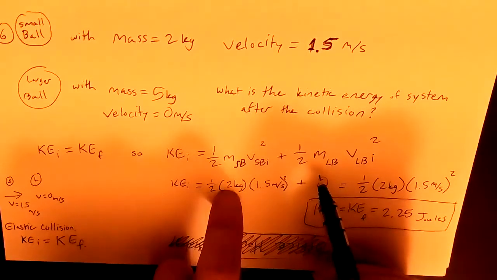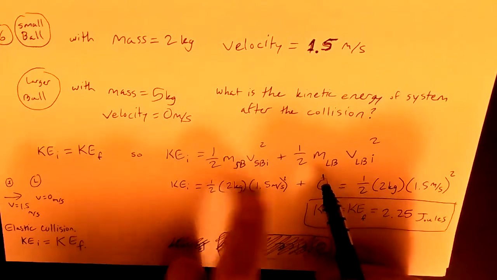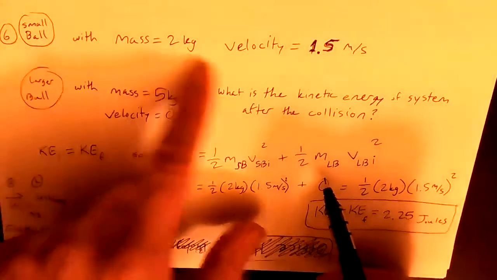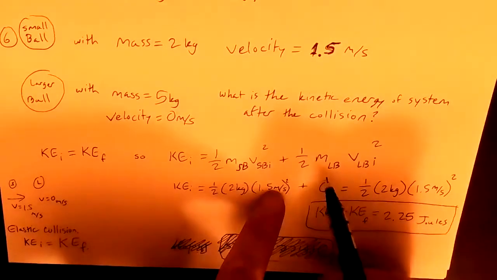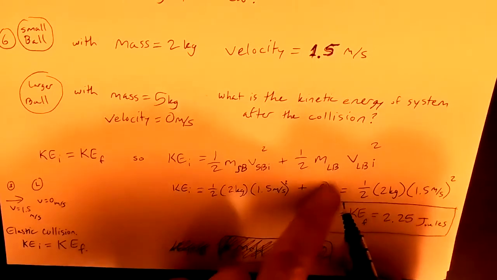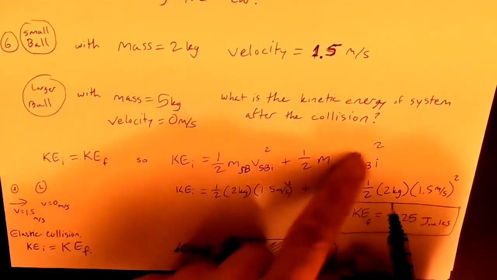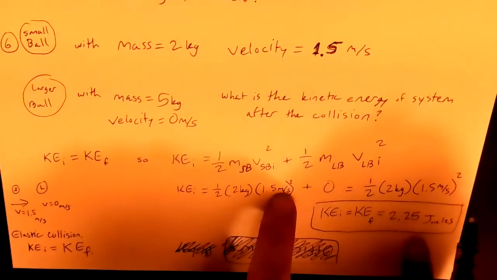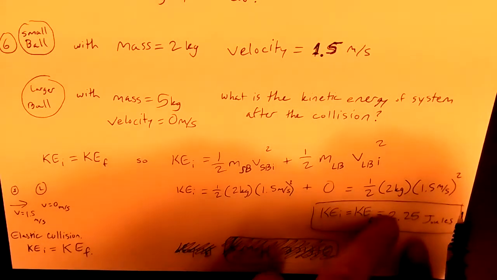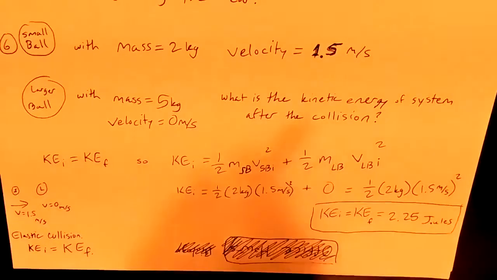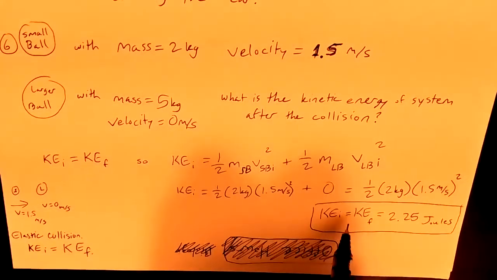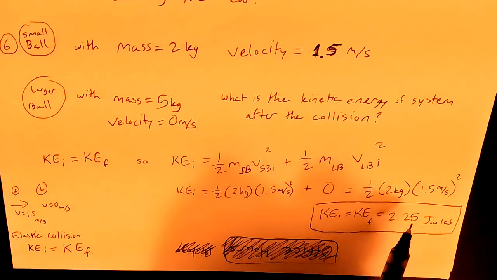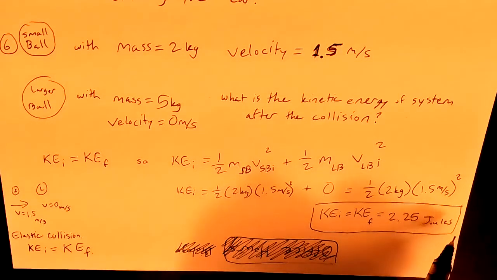So it'll be 1/2 times 2 kilograms times 1.5 meters per second squared plus 0. So just ignore that second large ball term and then just calculate that. And you get 2.25 joules. And since kinetic energy initial equals kinetic energy final, 2.25 joules.